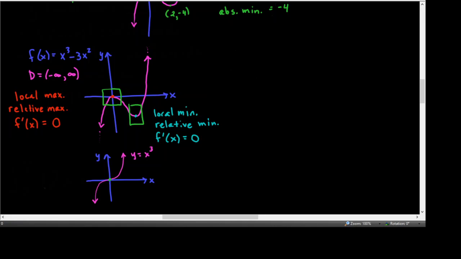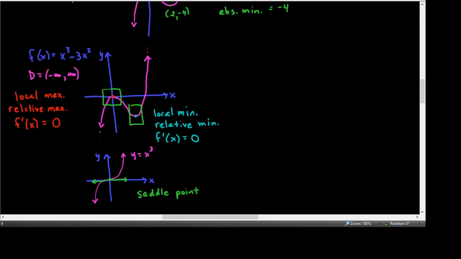So at 0, there's a horizontal tangent line to this curve. Is that a local max or a local min? No, it is not. It's neither one. And this is called a saddle point, where you have a horizontal tangent line, but it isn't a max or min.